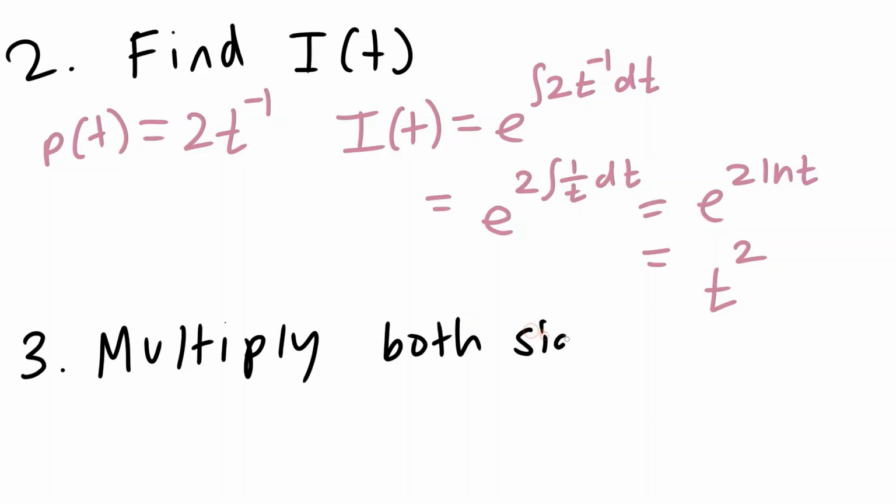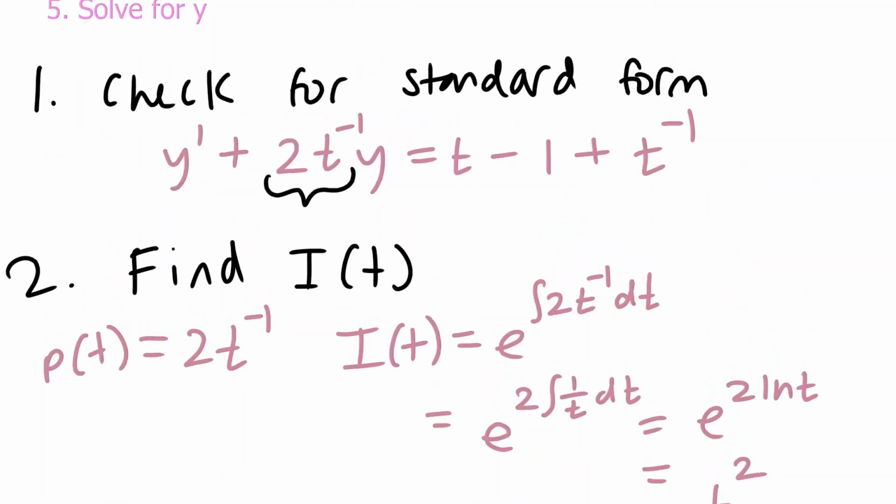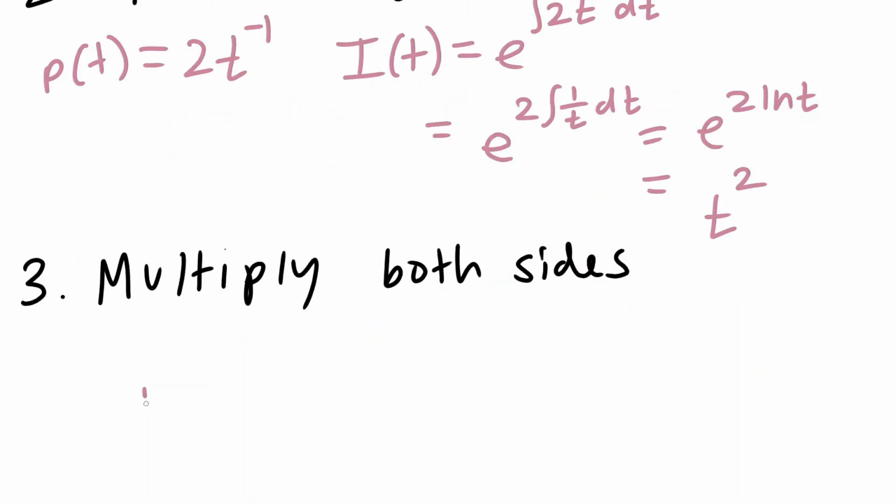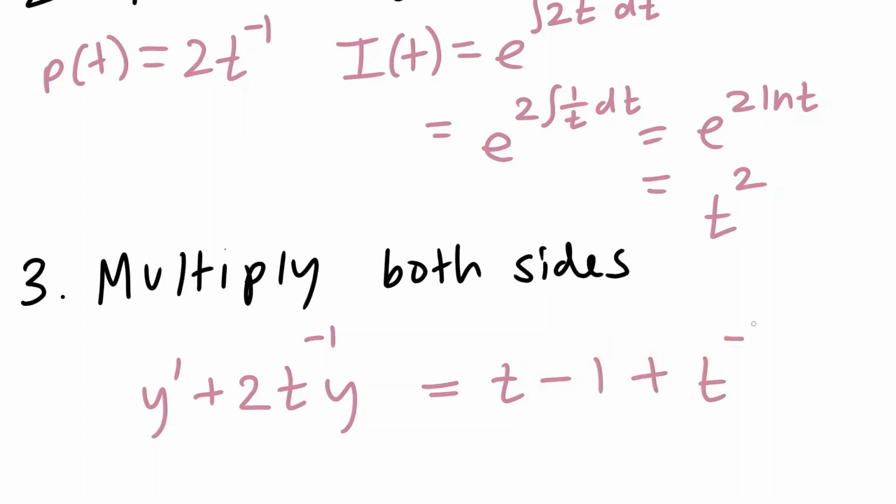So let's do that. I'm going to copy this down here. Okay, so I've copied the equation down here, and we're going to multiply both sides by our integrating factor, t squared.